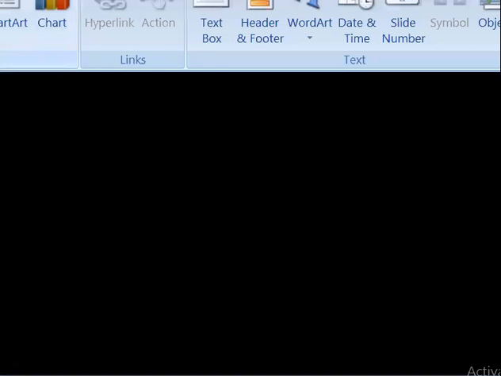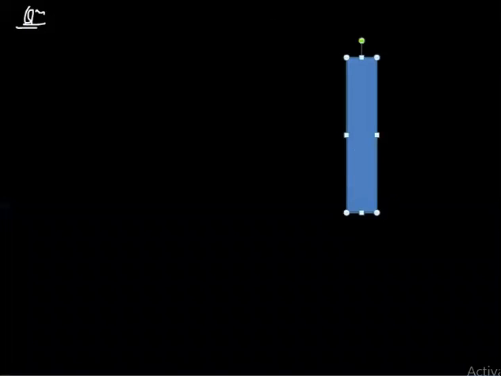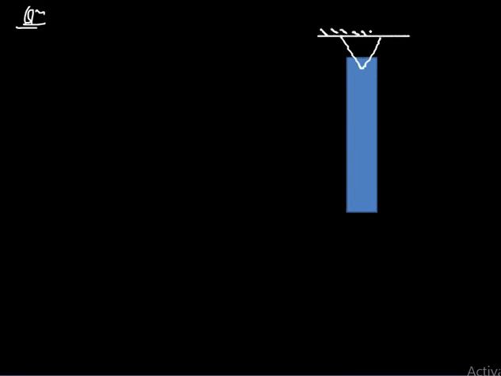Now I would like to give you one more question which we have already done in our basic classes. See, this is a rod, and if this rod is fixed with the ceiling, and this rod has mass m, length l, and it starts revolving with omega, so the center of mass will have some velocity.